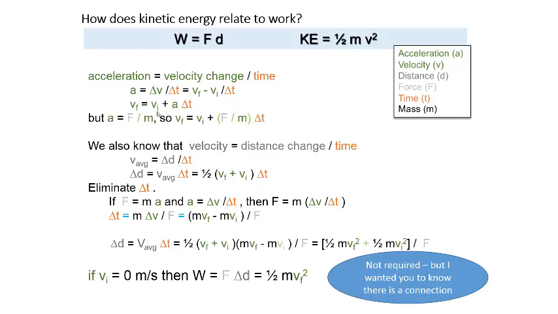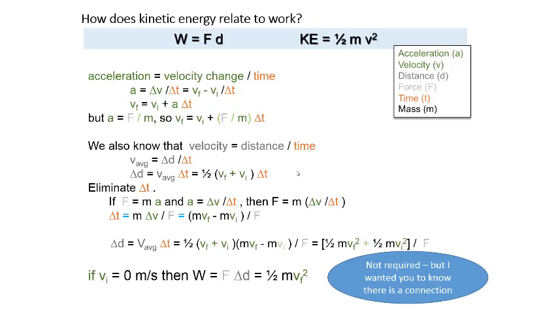Solving for v final, as we've done before, we get v initial plus a t as our equation to represent v final. But we can plug in Newton's second law, solved for acceleration, so our equation becomes v final is equal to v initial plus force over mass times the change in time.